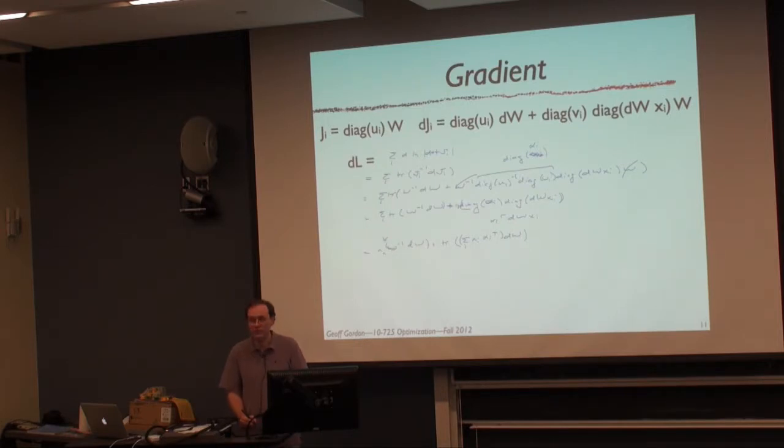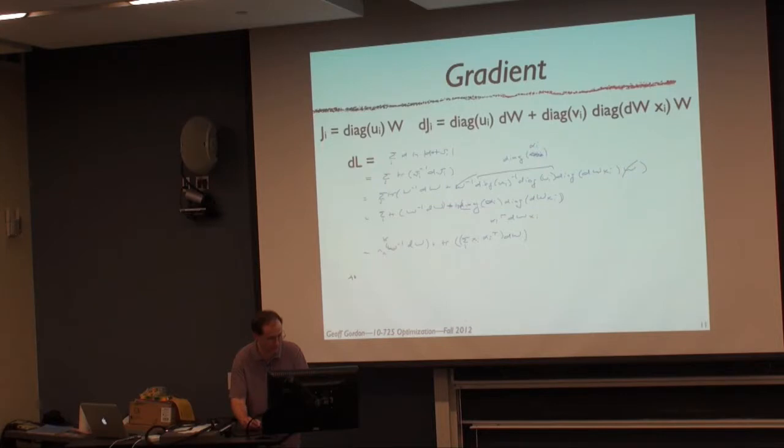Okay, and now I can use the identification rule to read off the actual gradient, right? So the gradient is the transpose of the coefficient of dW, right? So let's write it out.